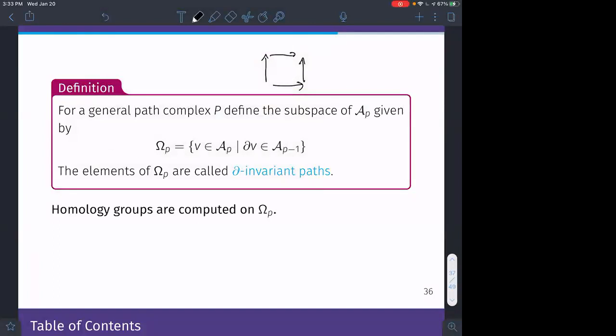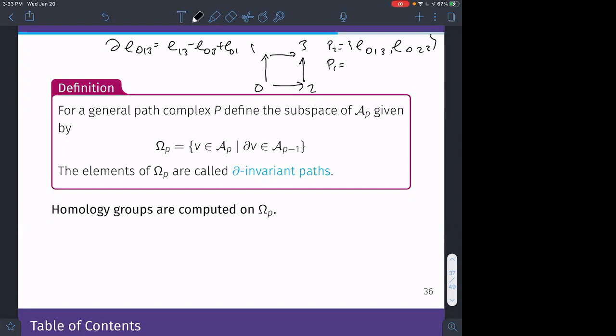Essentially you can do it, but only once. So if I do this example, then what are the 2 paths? The 2 paths are 0, 1, 3, and 0, 2, 3, and I can do the boundary of those. 0, 1, okay.